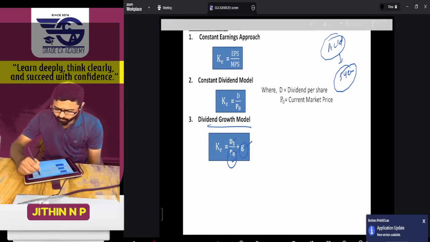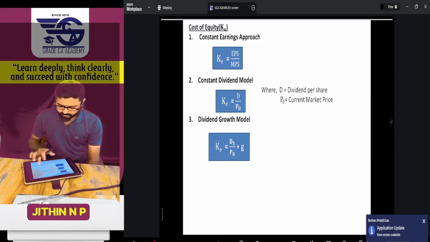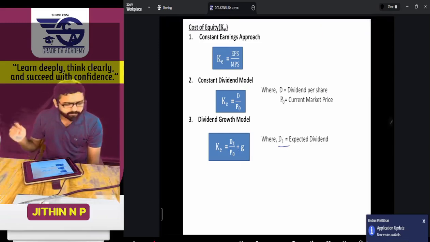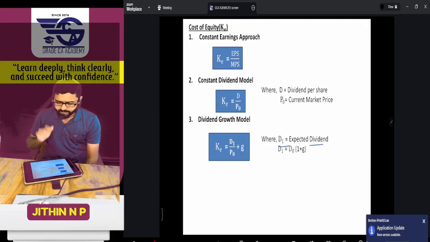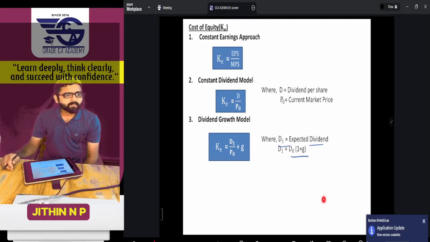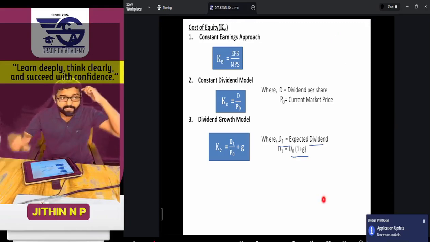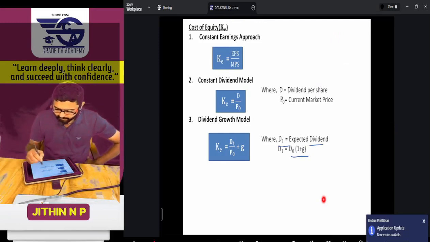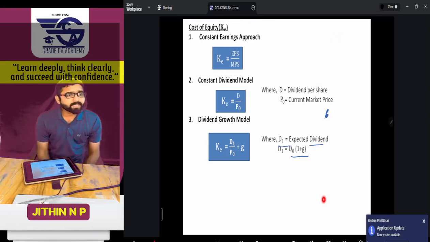How to find out D1? D1 is equal to D0 into 1 plus G. Suppose the company is paying 6 rupees dividend in the current year, and the company's growth rate is 10 percent.